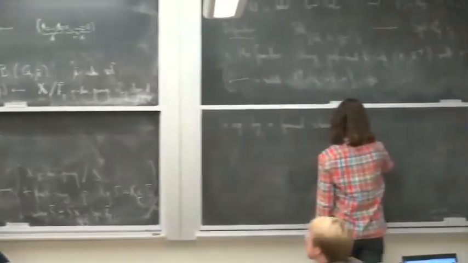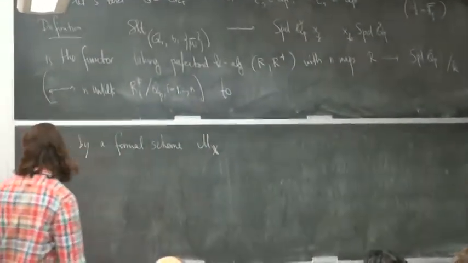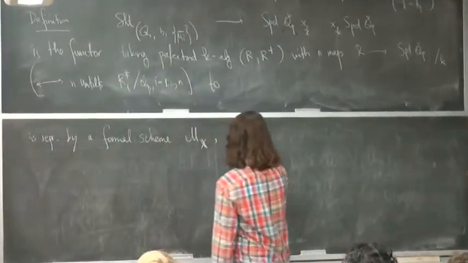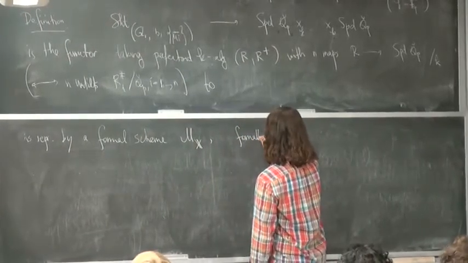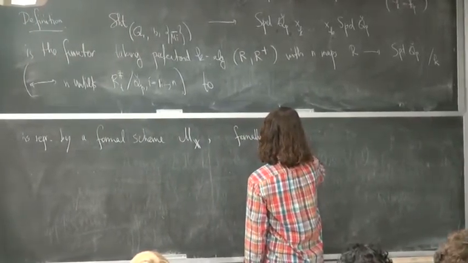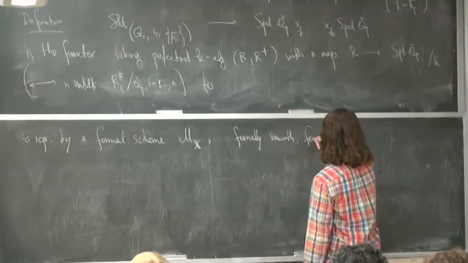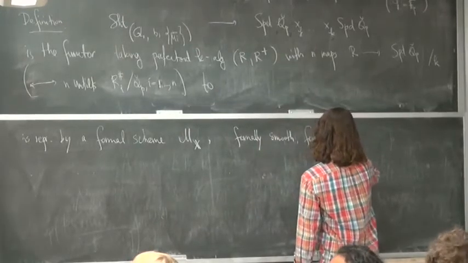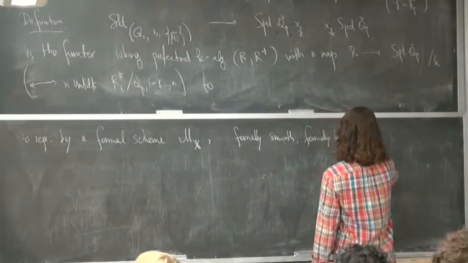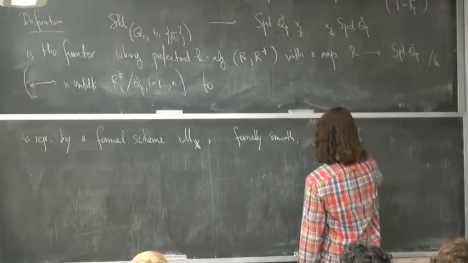Let's just call it X, which is formally locally of finite type. Actually, formally smooth also, but formally locally of finite type. Locally formal, all the way around.